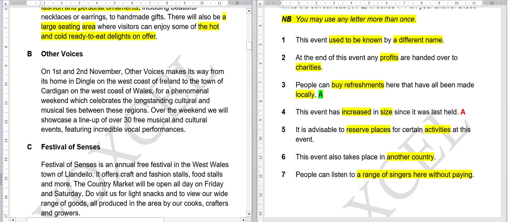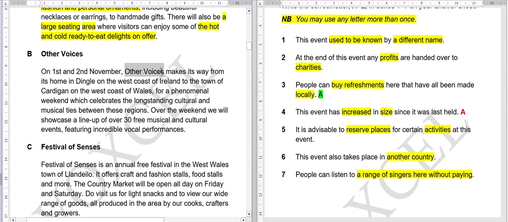On 1st and 2nd November, Other Voices makes its way from its home in Dingle on the west coast of Ireland to the town of Cardigan on the west coast of Wales for a phenomenal weekend which celebrates the long-standing cultural and musical ties between these regions. Now they're talking about what will happen on the 1st and 2nd November.